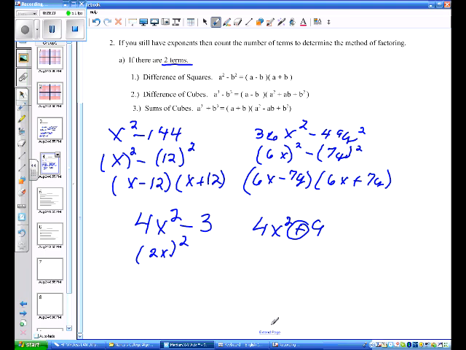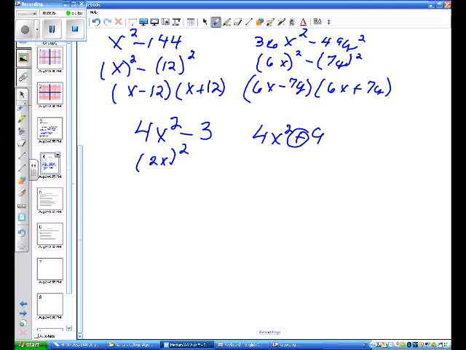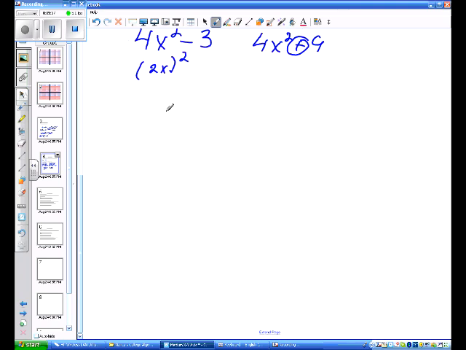Now, for the sums and differences of cubes, it's just a matter of following the pattern and learning to say it in a way that you're going to be able to remember it. So let's take 27x cubed minus 1.